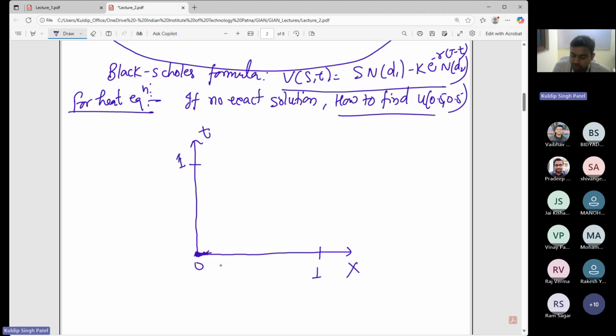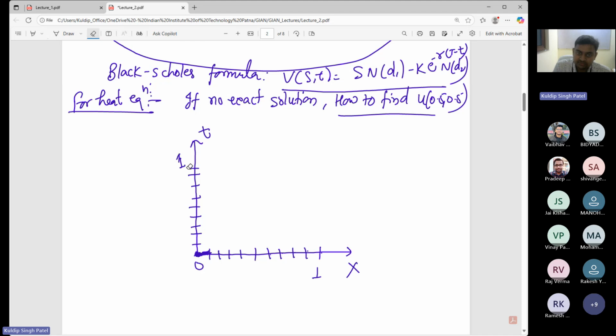In finite difference, we divide this into several parts. Suppose we divide x from 0 to 1 into 10 intervals, and in the same way we divide t also into 10 intervals.